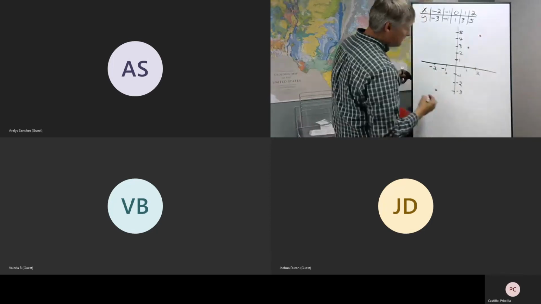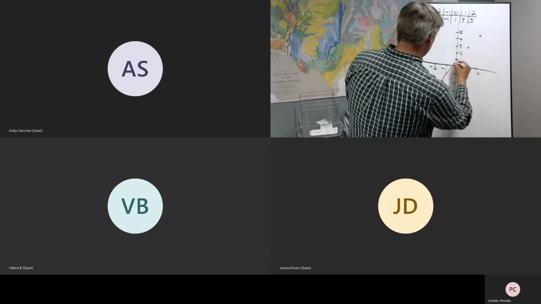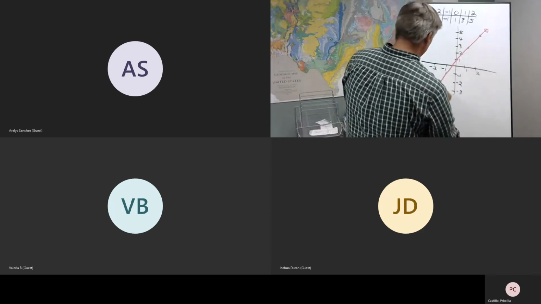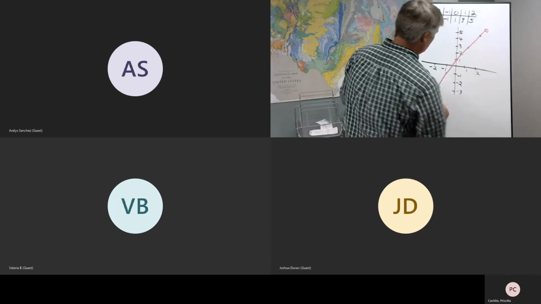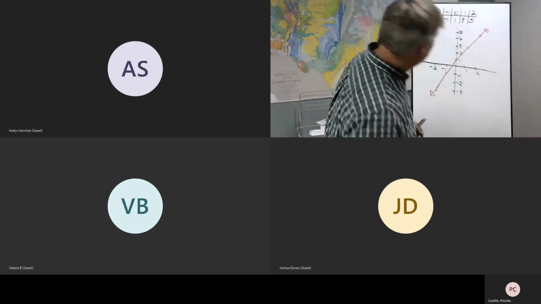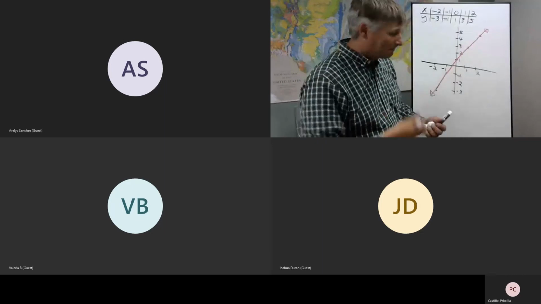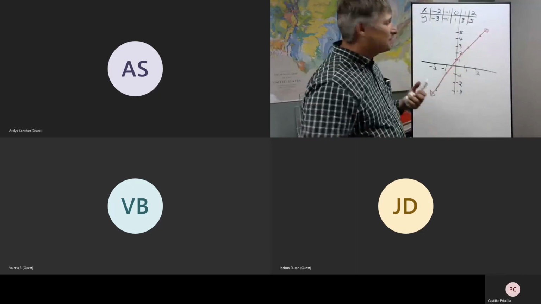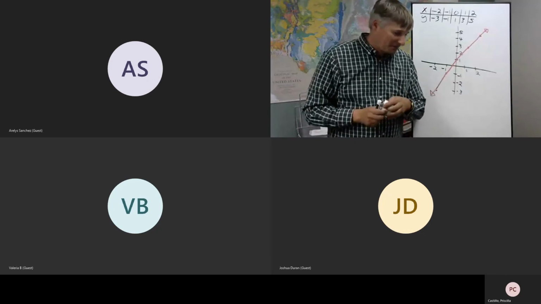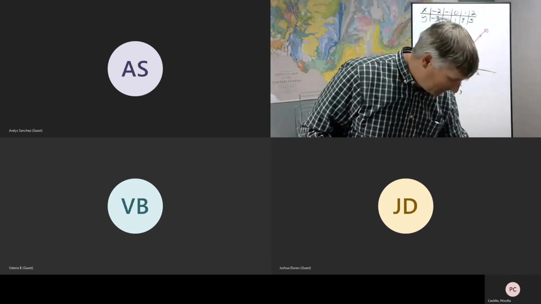And there. If we connect these dots, barring my questionable drawing skills, it looks a little bent, but it's actually supposed to be a straight line. And that's what these kinds of functions produce. They produce lines. So we're going to look at some versions of these things.